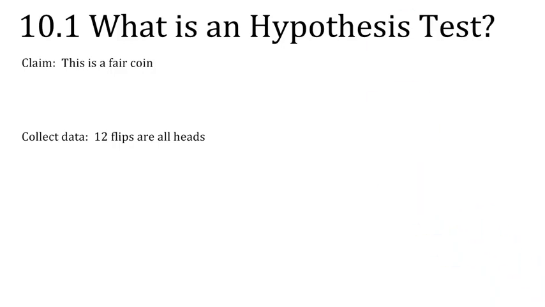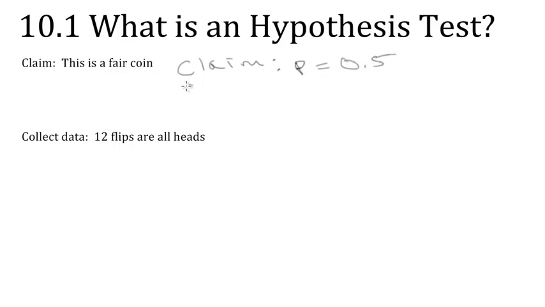Here's the claim. The claim is that the proportion out of all the heads is going to be 50%. So that would be the proportion p is equal to 0.5.